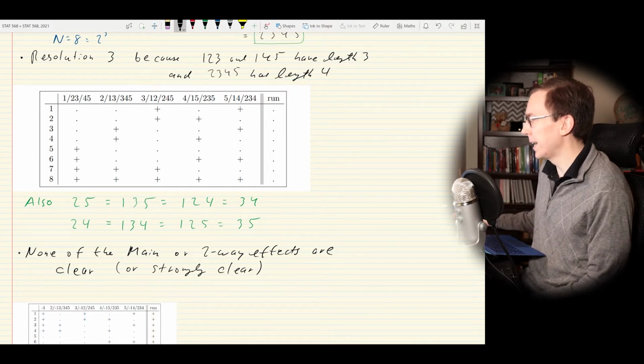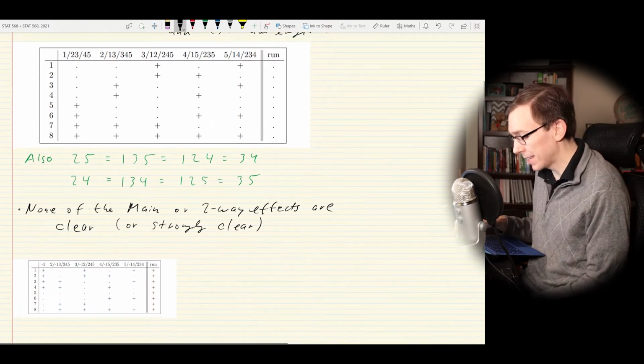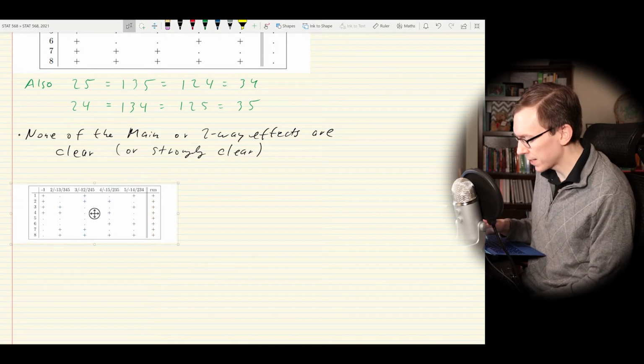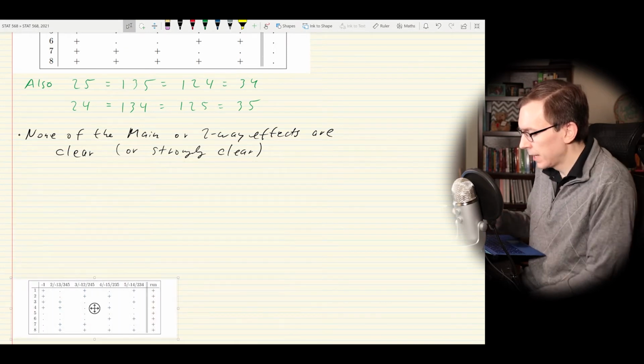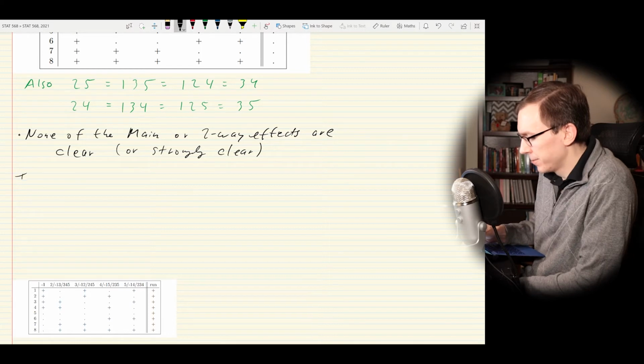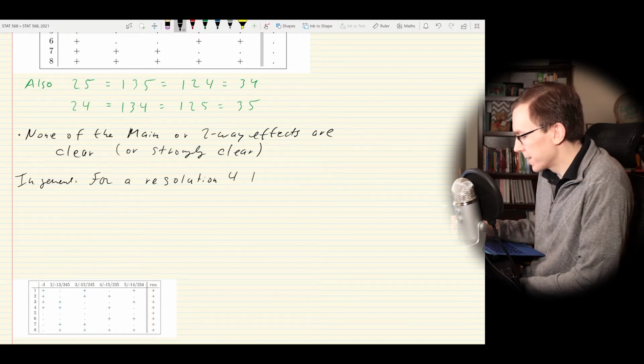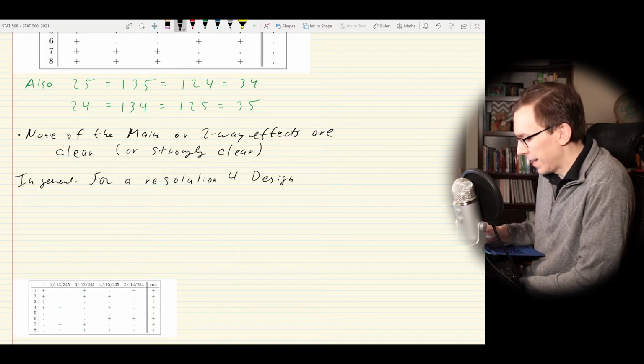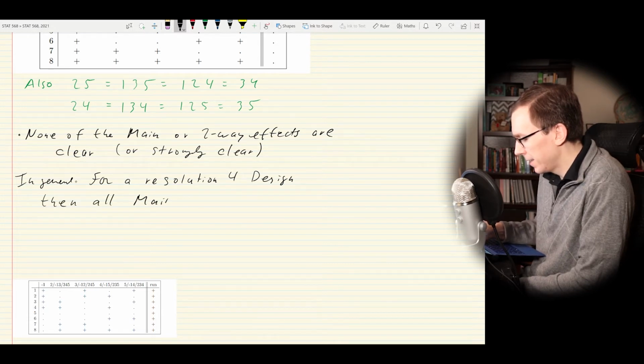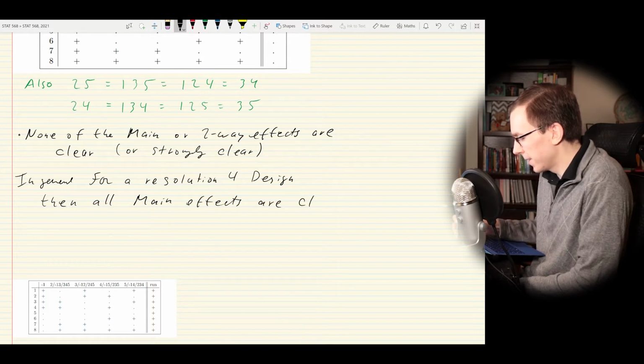And what I wanted to point out, which I didn't point out at the end of the last lecture, I can continue to move this guy down. So in general, for a resolution 4 design, then all main effects are clear.